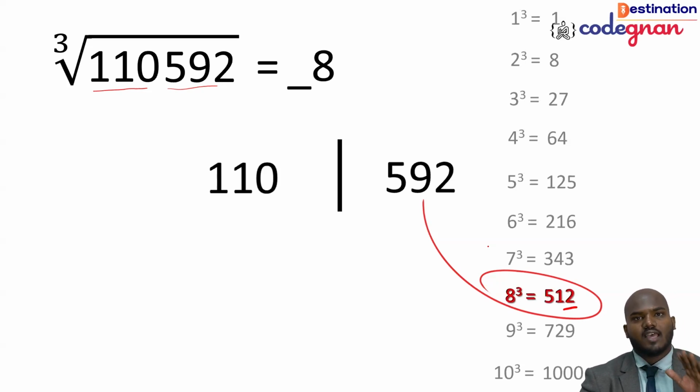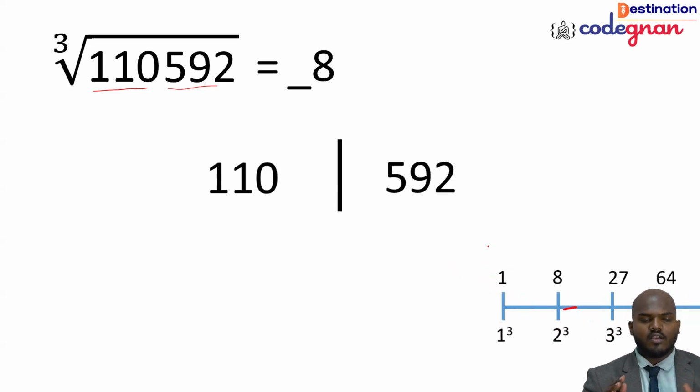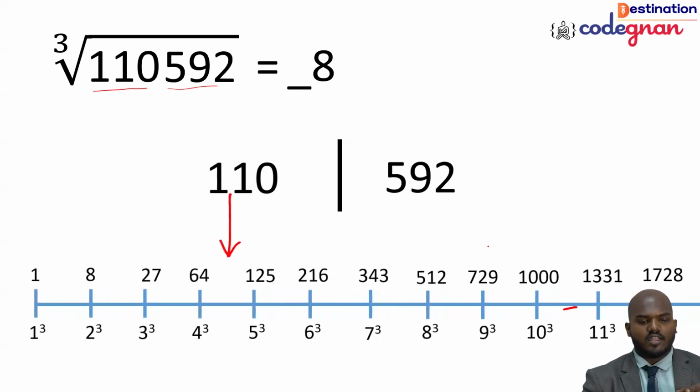Going onwards, I have the number 110. How will you take the value 110 here? We can call it, in which range will the 110 fall under? If you are checking this, you have to remember which particular range that 110 is coming in. So between the 4 cube and the 5 cube, the 110 is coming up. 4 cube is what, guys?